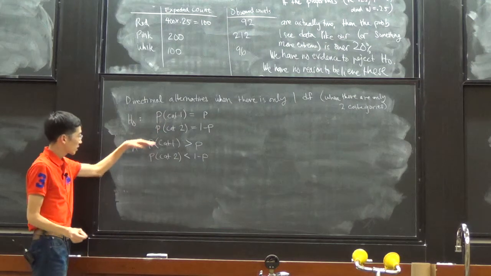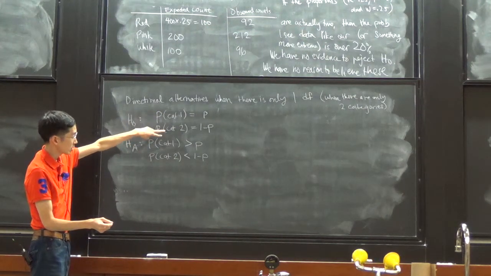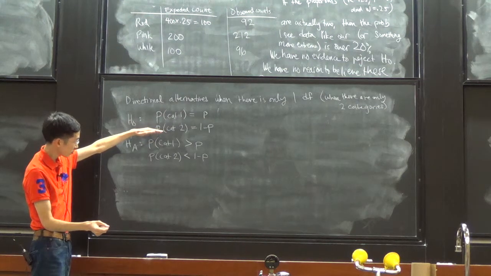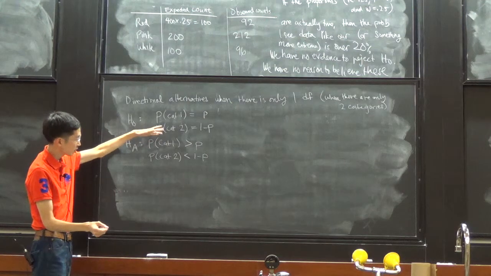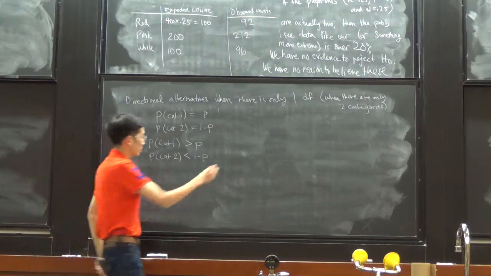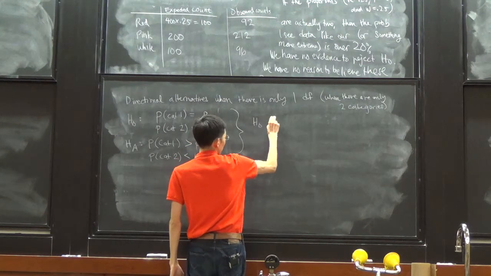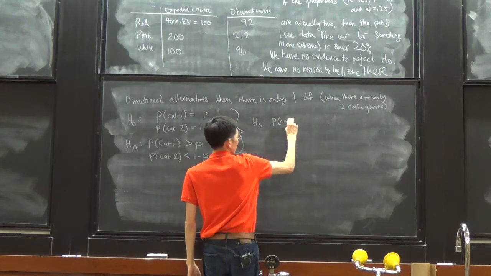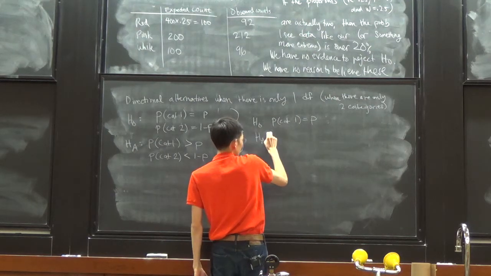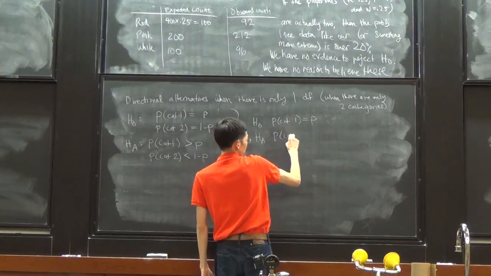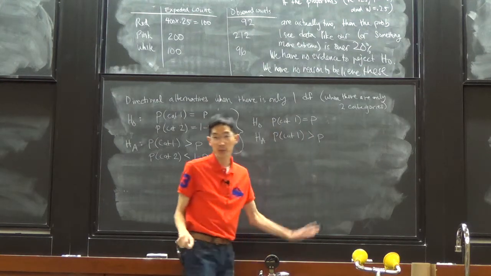Because we know that if there's only 2 categories, category 2 is just going to be 1 minus p, a lot of times we will just write the probability of category 1 is equal to p, and then the alternative, the probability of category 1 is greater than p, or less than p, or whatever we want.